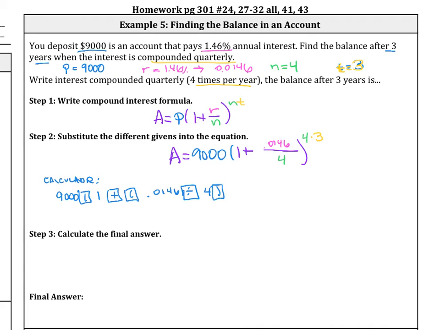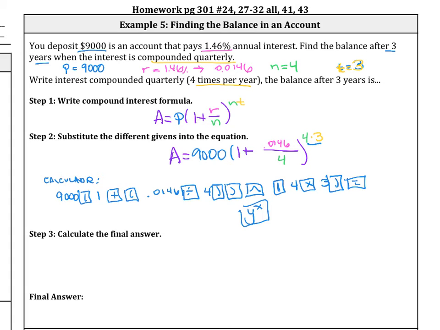Close parentheses to enclose the division, and then close the parentheses to include adding the 1. Then press the exponent, or y to the x button, and open parentheses, 4 times 3, close parentheses, and then equals.